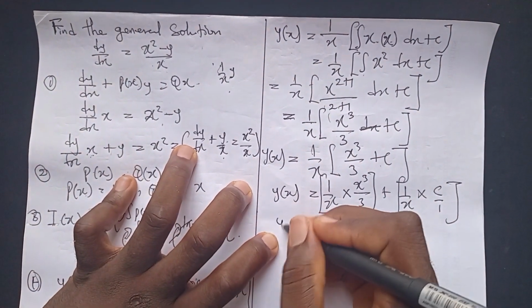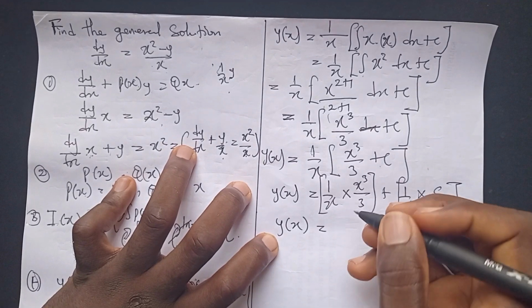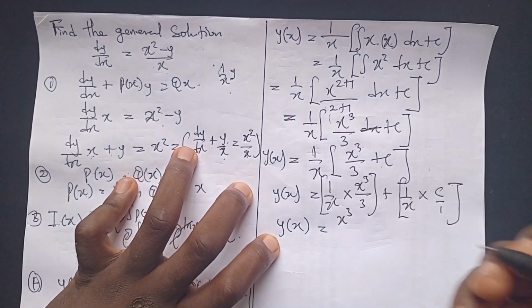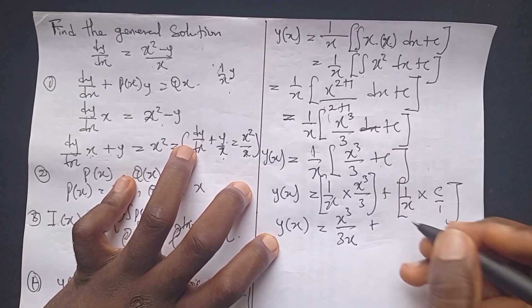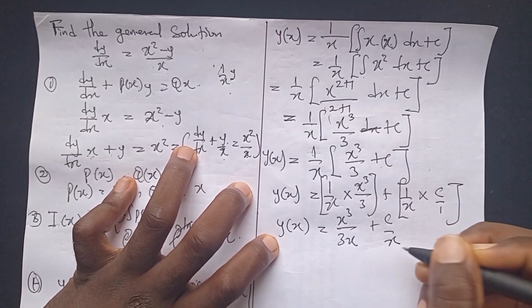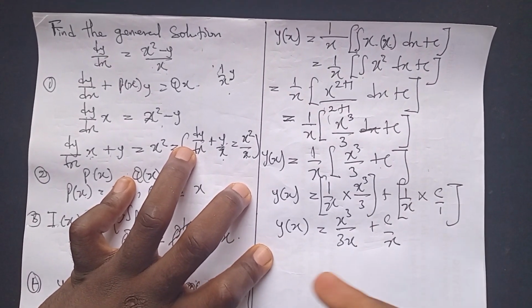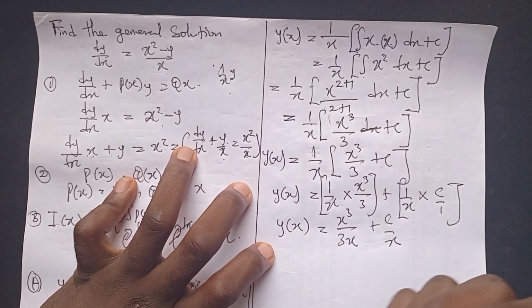So now our y of x equals x cubed over 3x plus c over x. So you can leave your answer like this. This is the answer.